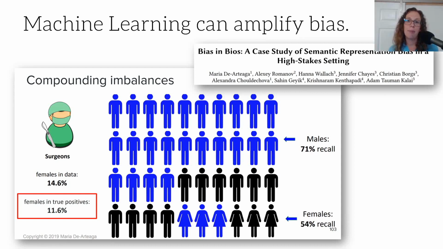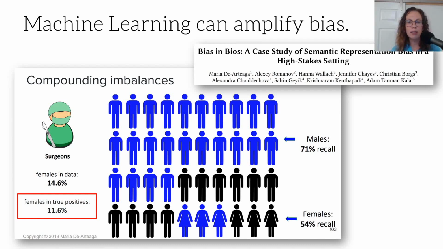One is that machine learning can amplify bias. So it's not just encoding existing biases, but in some cases it's making them worse. There have been a few studies on this. One I like is from Maria De-Arteaga of CMU. Here they took people's job descriptions from LinkedIn, and what they found is that imbalances ended up being compounded. In the group of surgeons, only 14% were women.